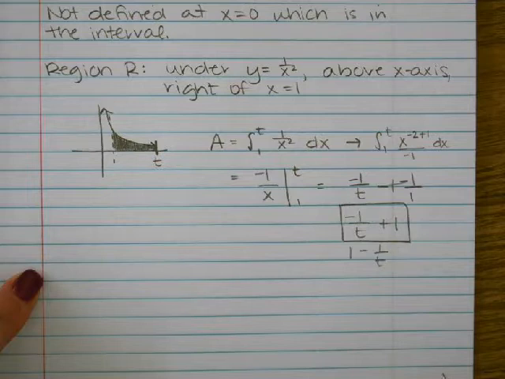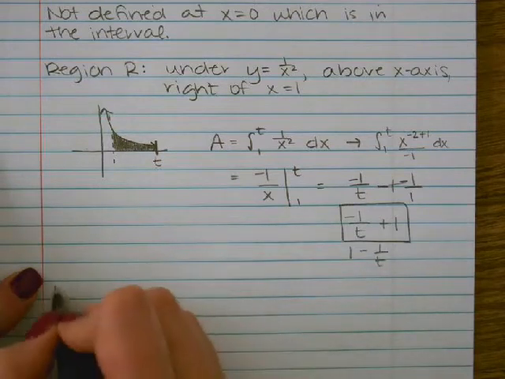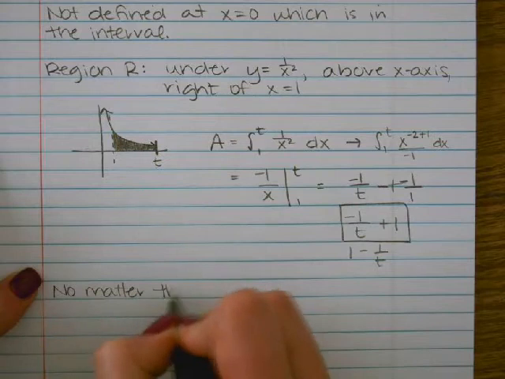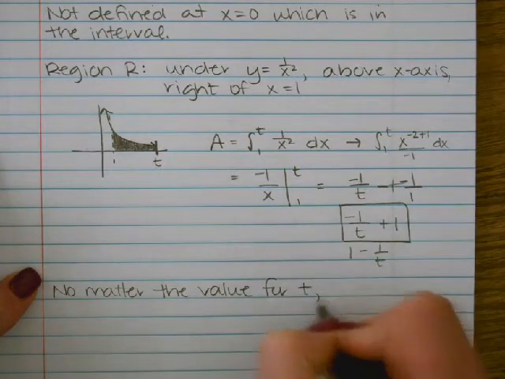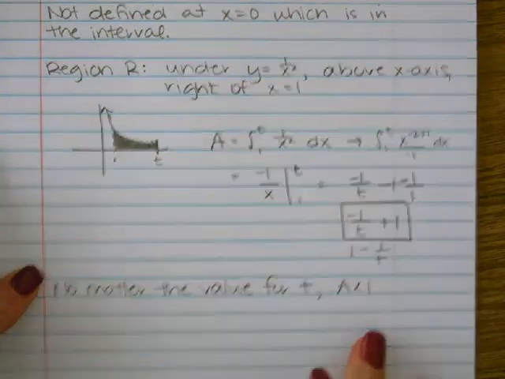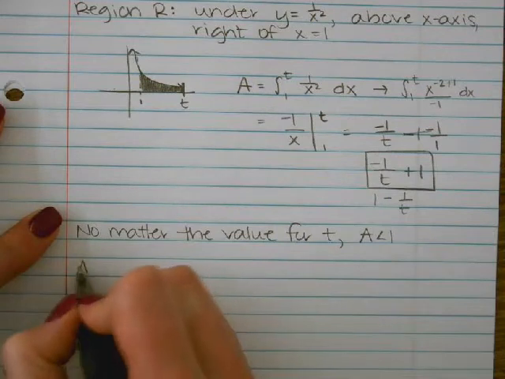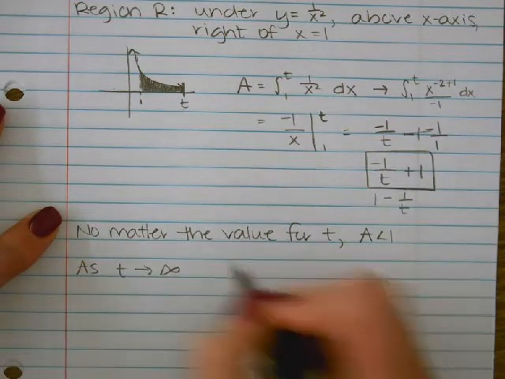So my area has to be less than 1. All right, so you might say no matter the value for t, A is less than 1. This means that as t approaches infinity, we can find the area.